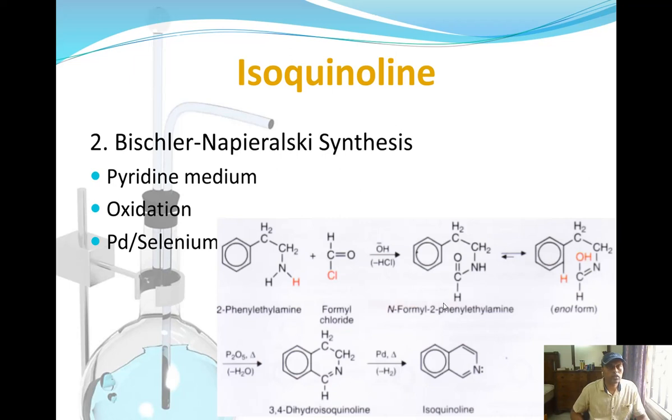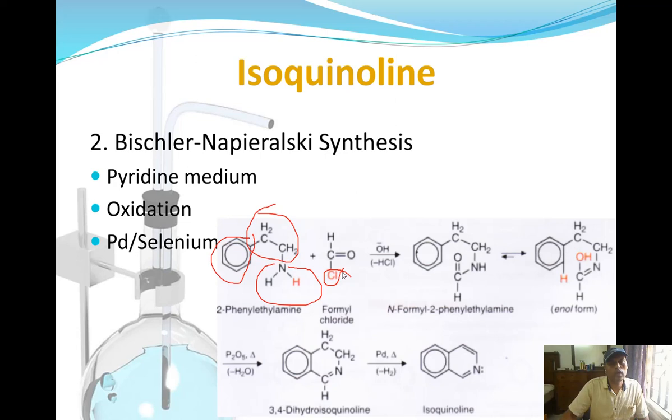The next method of preparation is the Bischler-Napieralski synthesis. In this, you're going to react 2-phenylethylamine. So this is the amine position. This is the phenyl group. This is ethyl, right? 2-phenylethylamine. You're going to react that with formyl chloride. If this is H, it is formaldehyde.